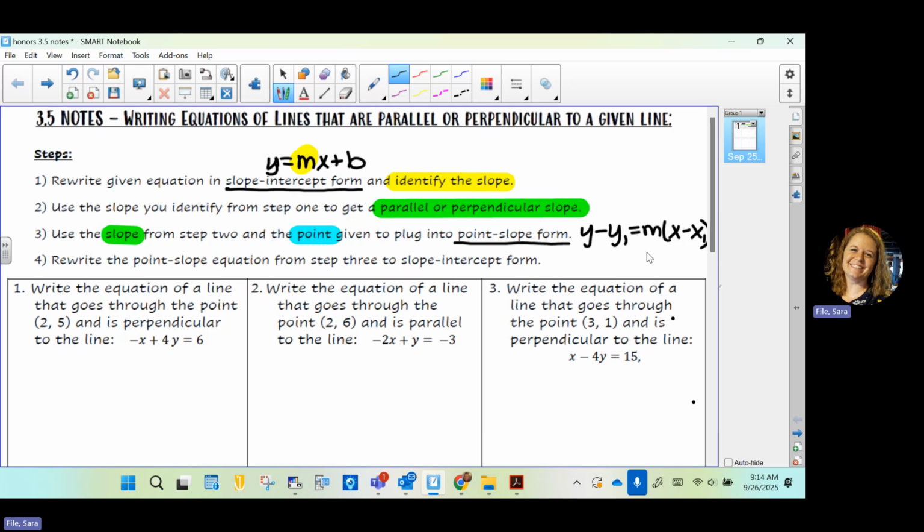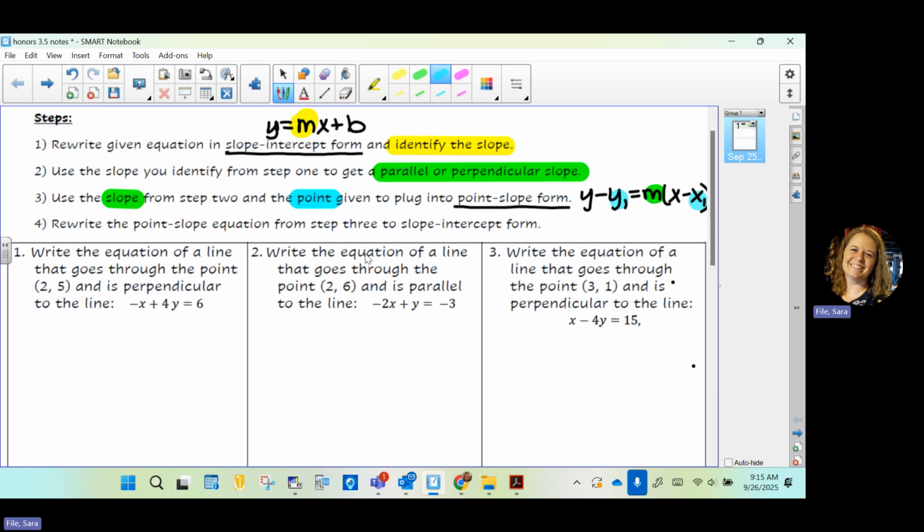Once you plug in your point and your slope, you can rearrange and solve for y if you need to. If the question doesn't tell you to give your final answer in slope-intercept, you can just leave it in point-slope form. That's okay. Everybody good with the process?